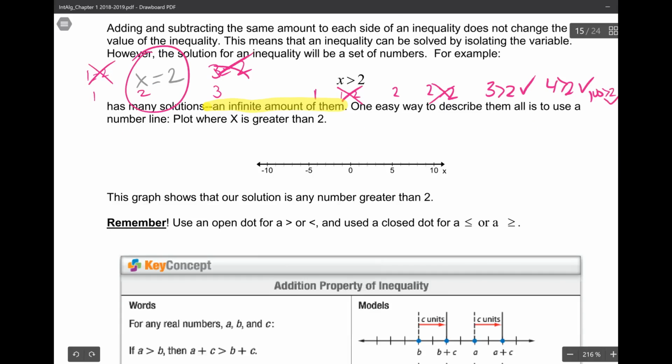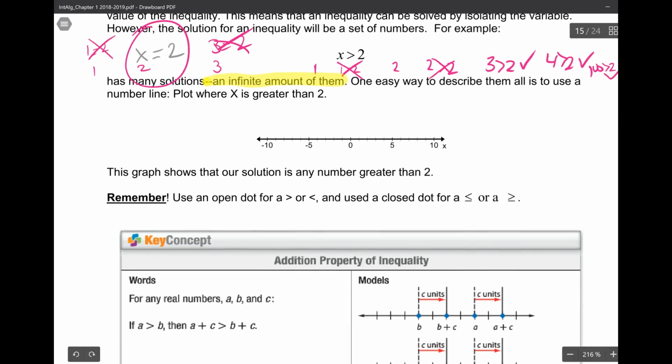So we're going to plot where x is greater than 2. First off, here is where my 2 is. And I know that 3 works, 4 works, 100 works. All these numbers that are bigger than 2 work, so I'm going to draw my arrow to the right. Now my question is, do I draw a closed circle or open circle?